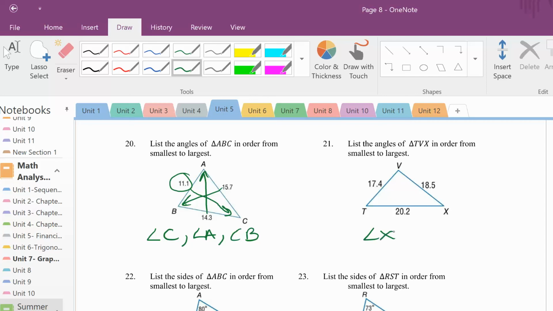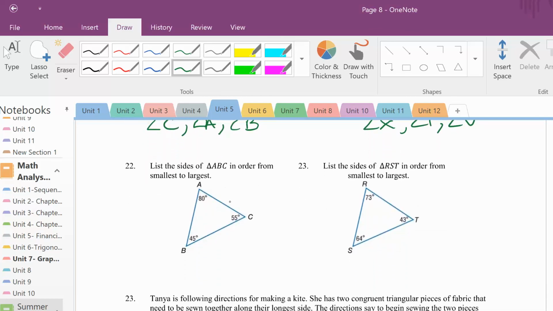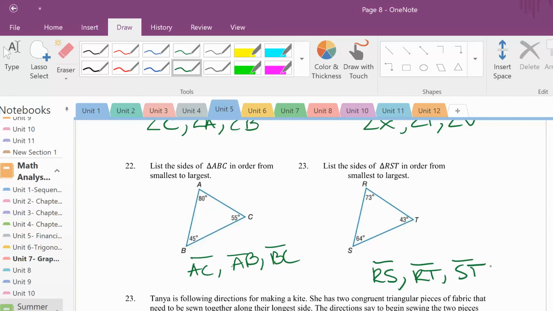The smallest would be angle X, then angle T, then angle V. If we do it the other way, list the sides of the triangle in order from smallest to largest. That means that AC would be the smallest, AB would be next, and then the largest would be BC. And then here it would be RS, then RT, then ST.